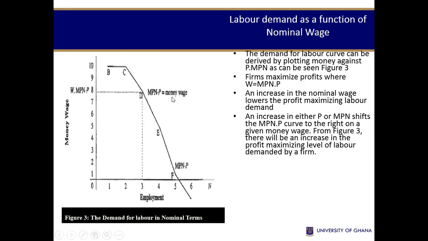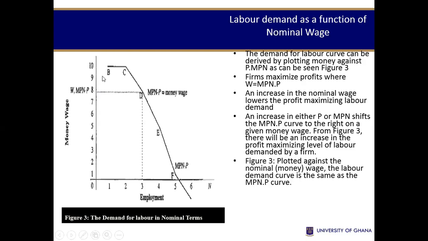This curve is seen as the money wage line. So if there's an increase, then we are supposed to shift it upwards. And this new line is going to meet the marginal revenue product of labor curve at point C, and as a result, there's going to be a reduction in the units of labor hired.